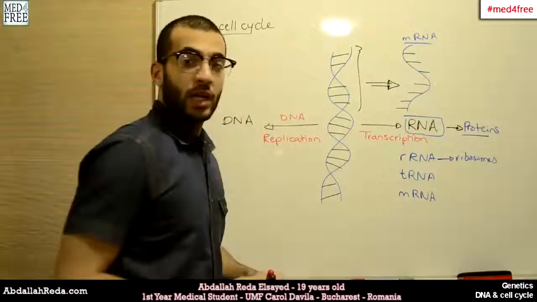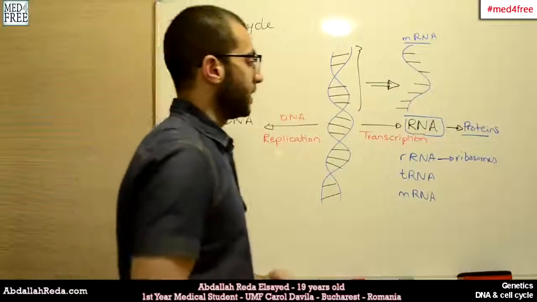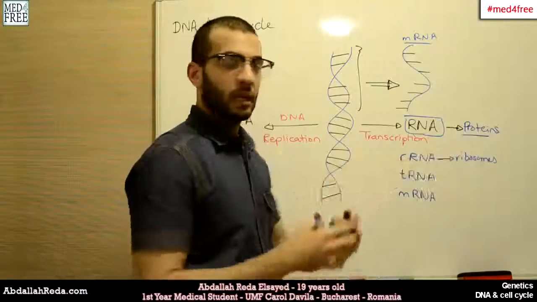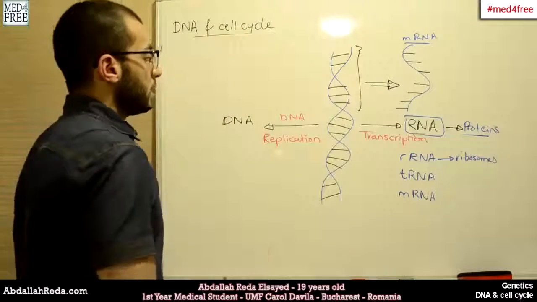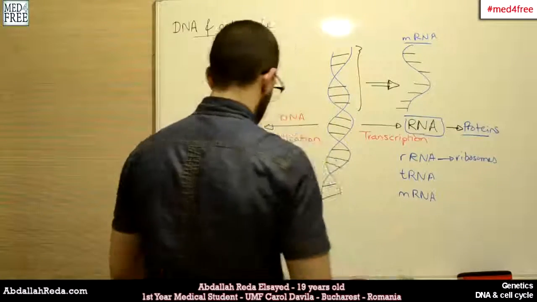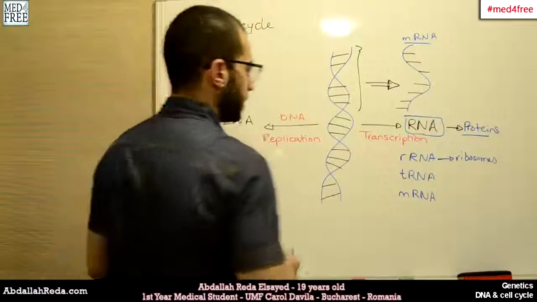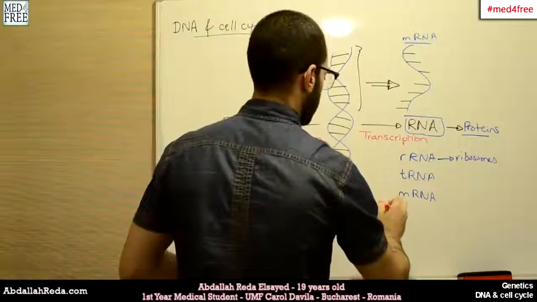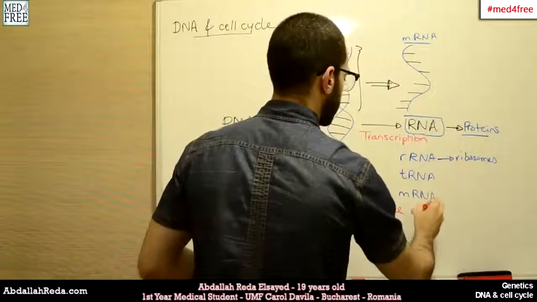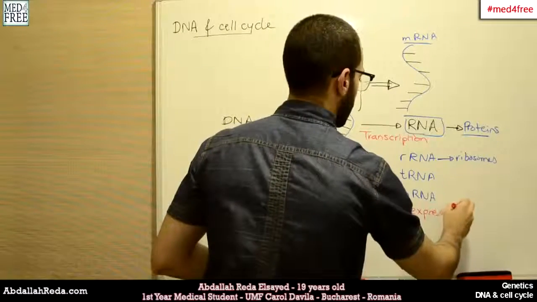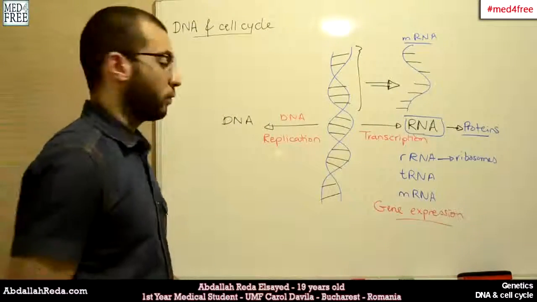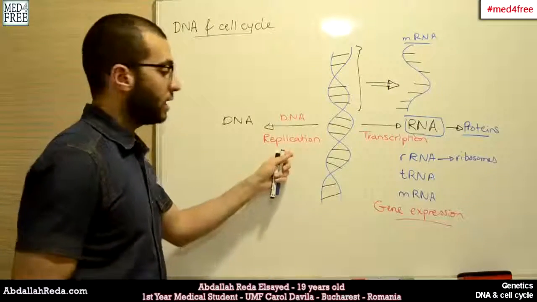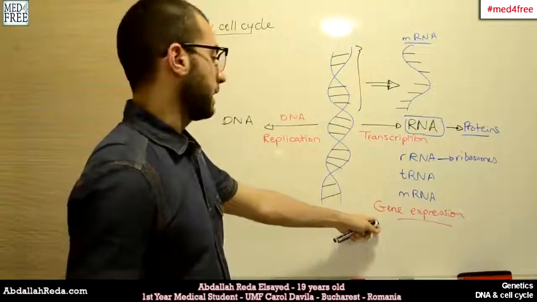So a chain of amino acids will be formed, which will be connected to each other to form the proteins. This route or pathway is called gene expression. So we have two pathways or routes, the DNA replication and the gene expression.